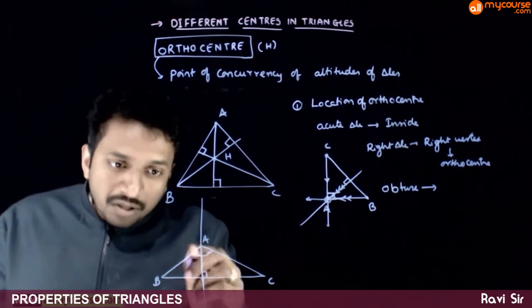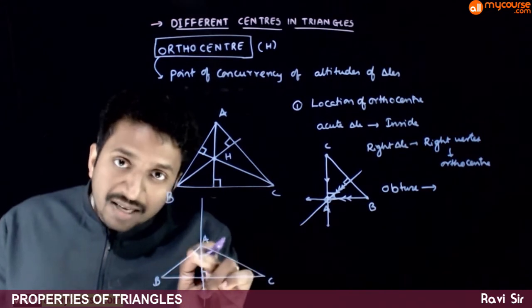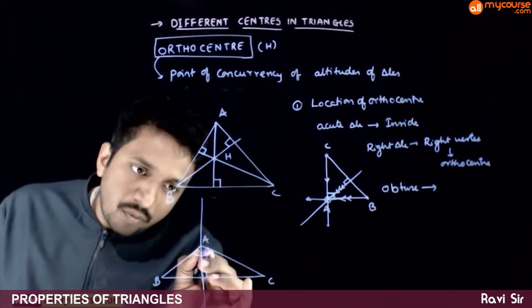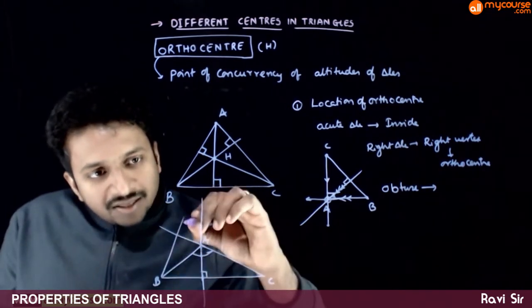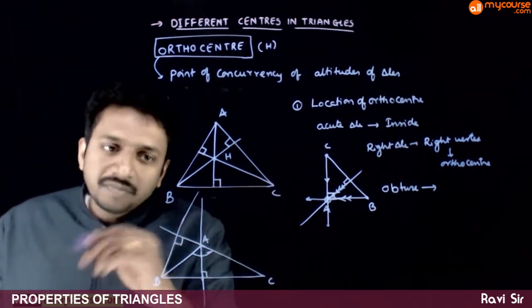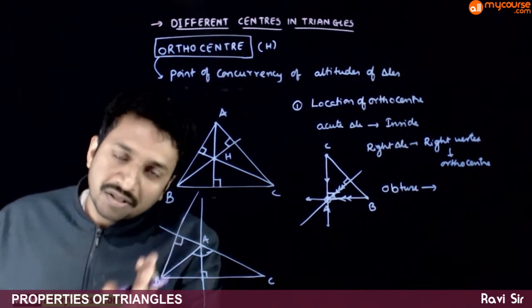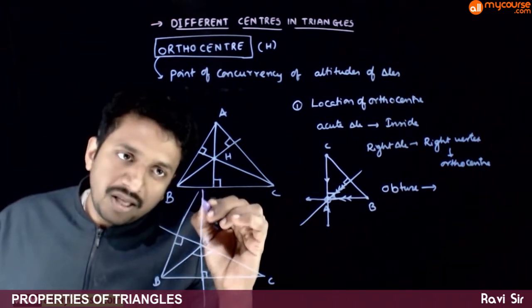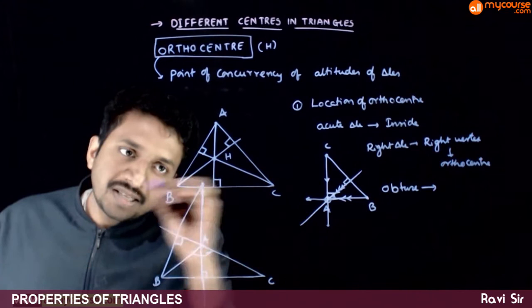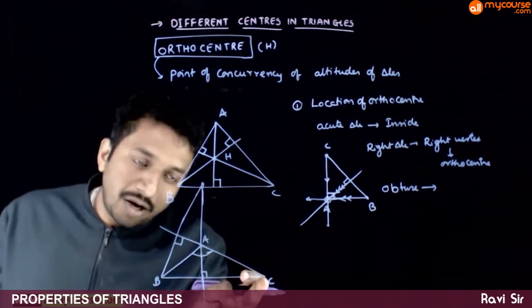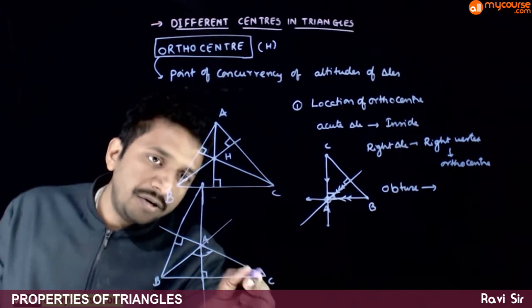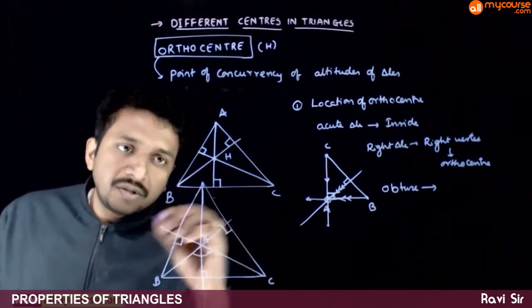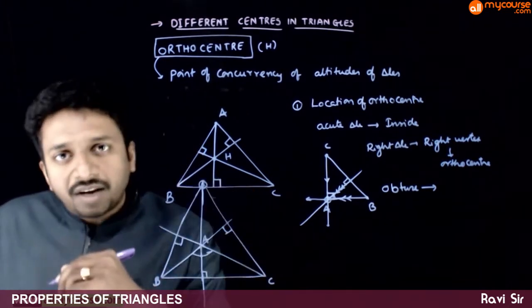You cannot draw it like this because this angle is obtuse. The perpendicular lies somewhere like this. These two tend to meet somewhere here. If you draw the altitude from C onto AB, you need to extend AB and draw the altitude. So they are meeting outside the triangle.